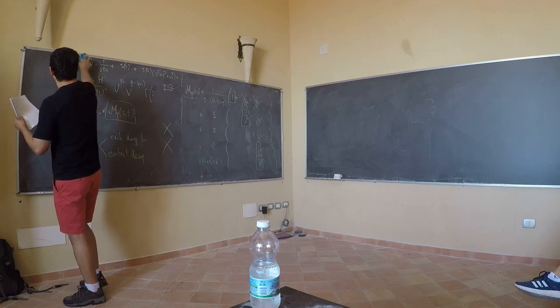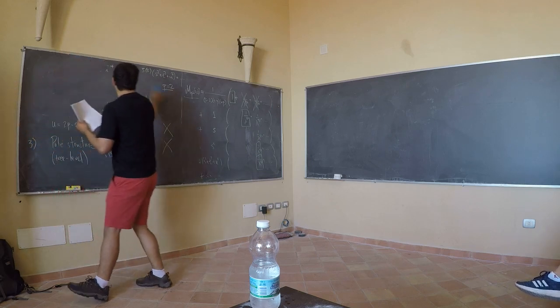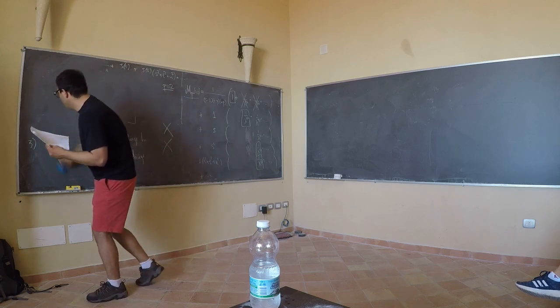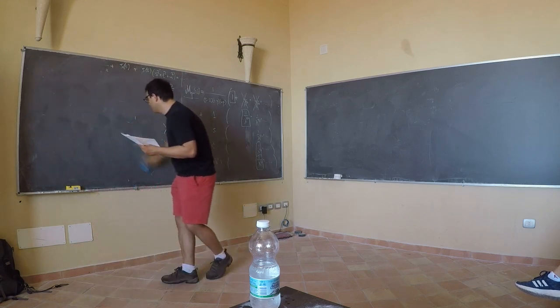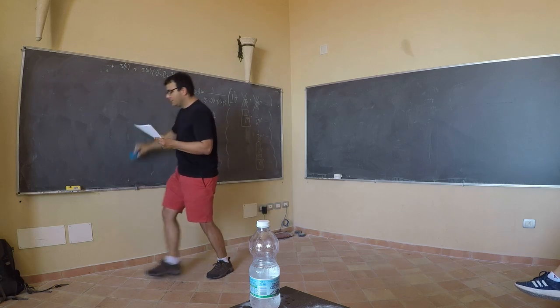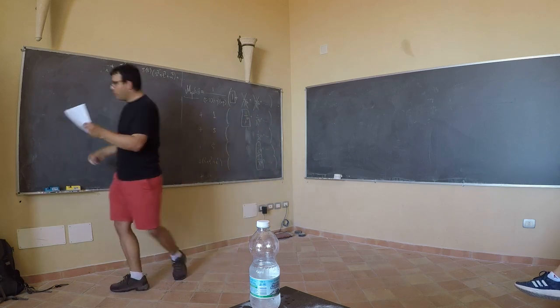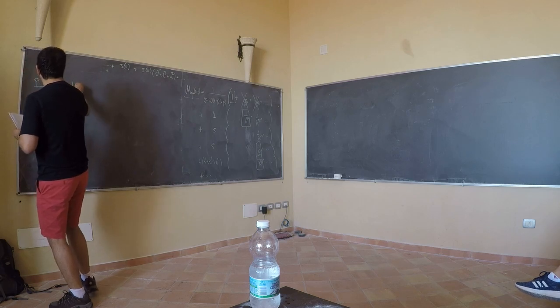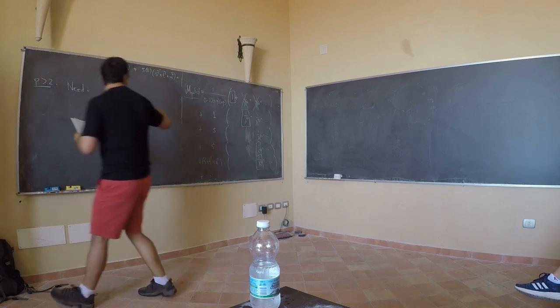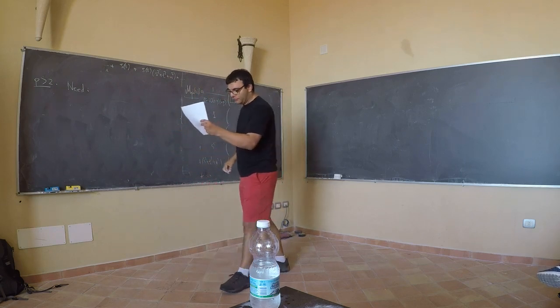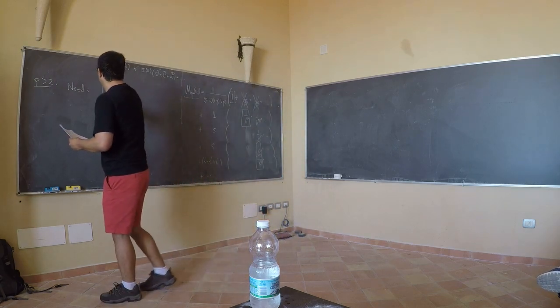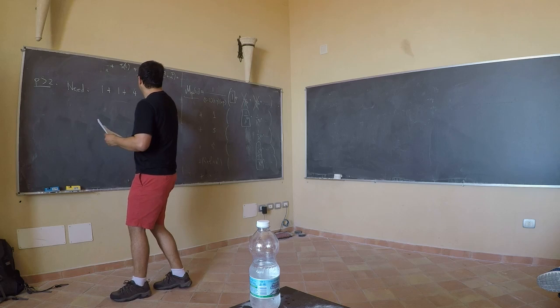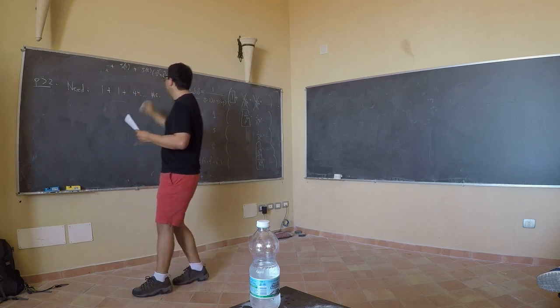So let me write it down so that it's clear. When p is bigger than 2, in order to determine the amplitude, we need to determine 1 plus 1 plus 4 numbers, and then so on.